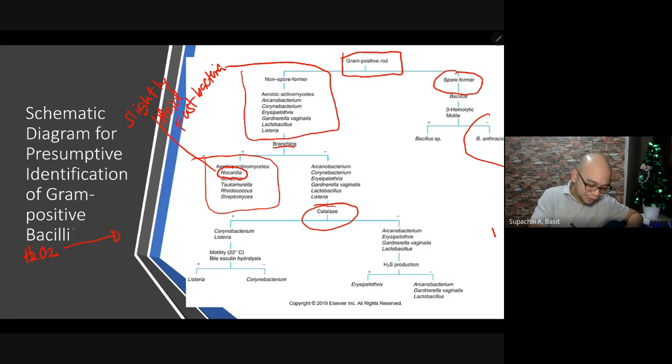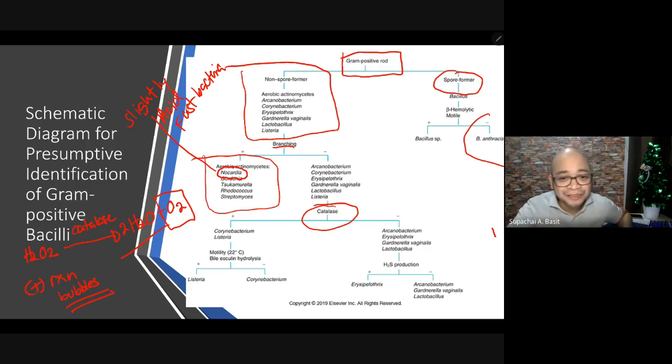It is based on the principle that the catalase enzyme can hydrolyze hydrogen peroxide into water and oxygen. Because there is oxygen, a positive reaction is the presence of bubbles or rapid effervescence of gas. Those that are catalase positive are Corynebacterium and Listeria. We will also be discussing them.